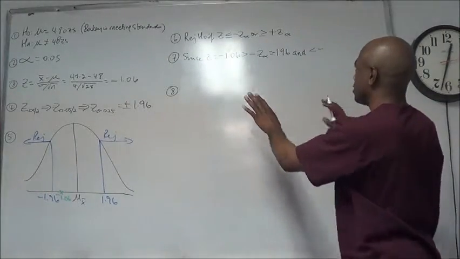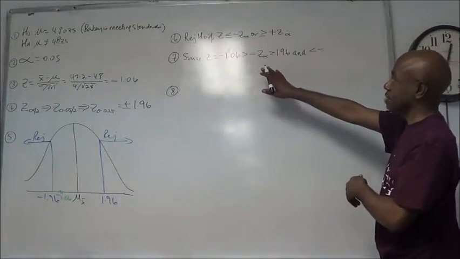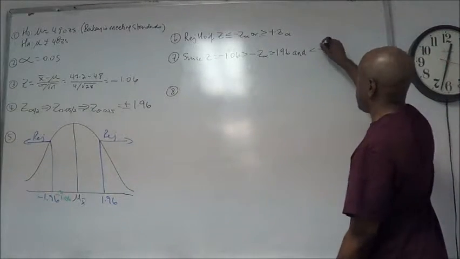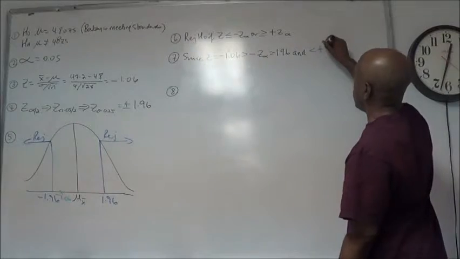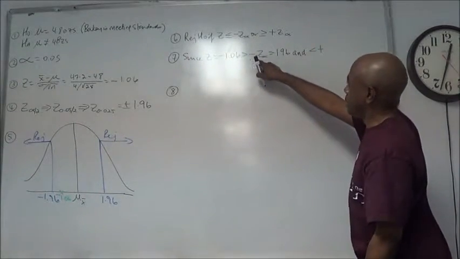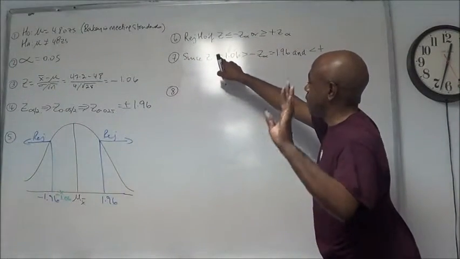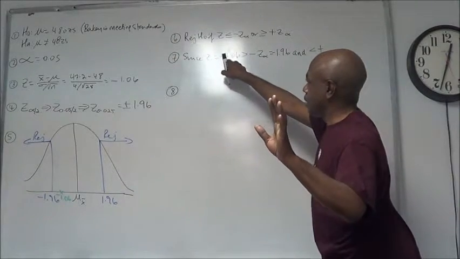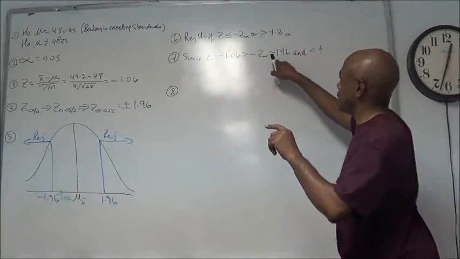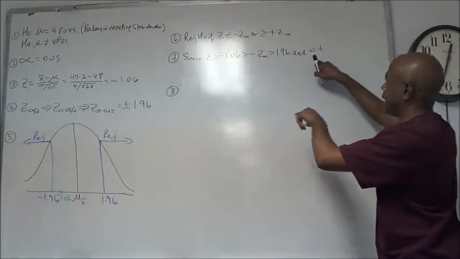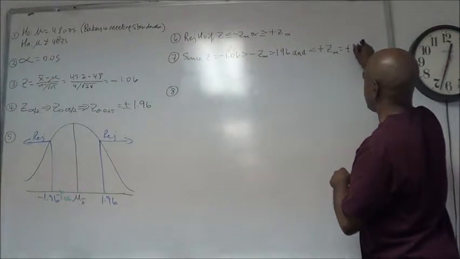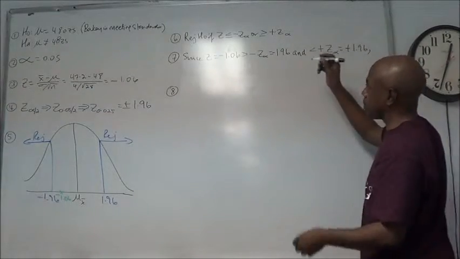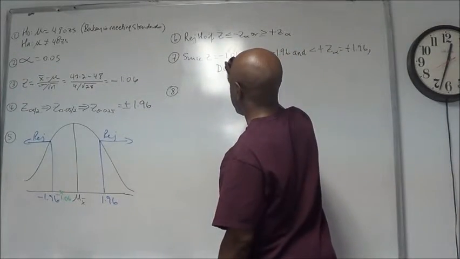You already did one side, so it can't be plus or minus here. You just did the negative side, so this is positive Z alpha, positive 1.96. Since Z is a number which is greater than the negative side, and it is less than the positive side, which is positive 1.96, then do what? Do not reject.